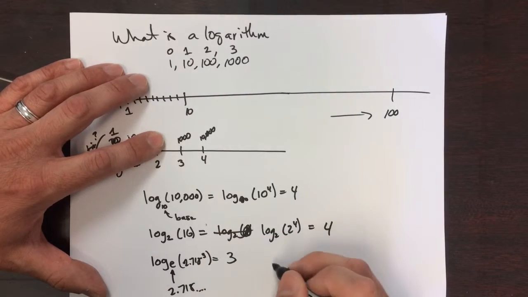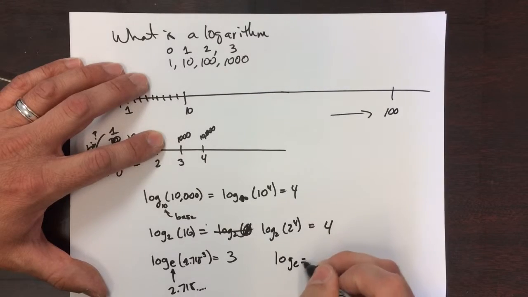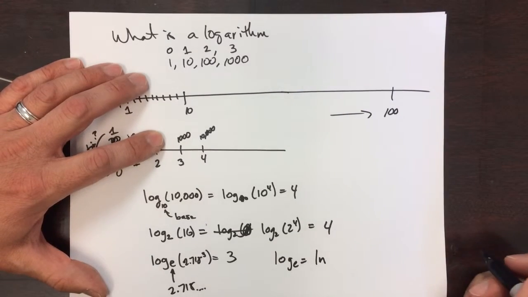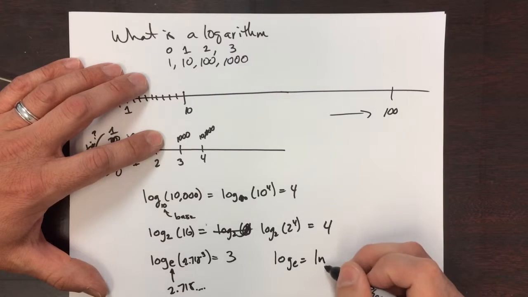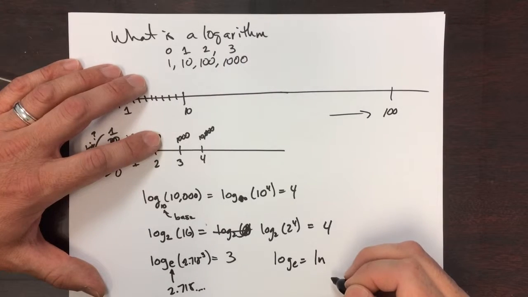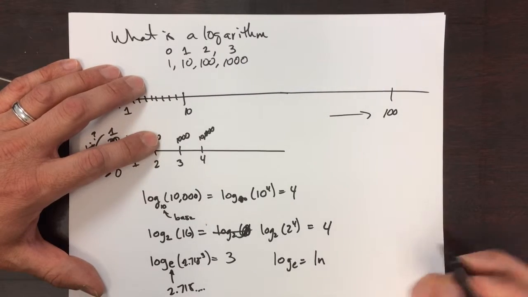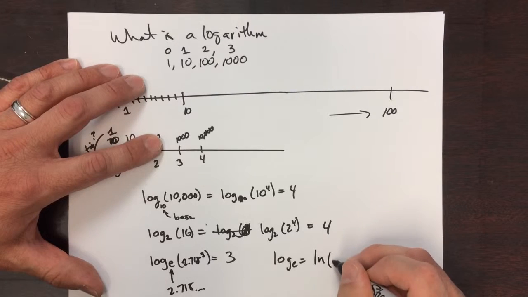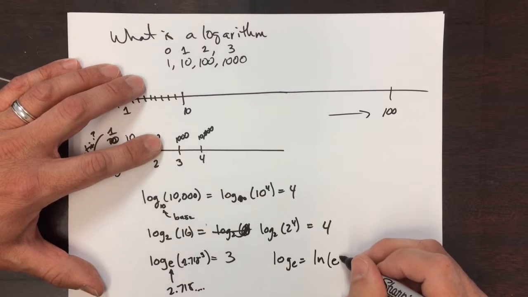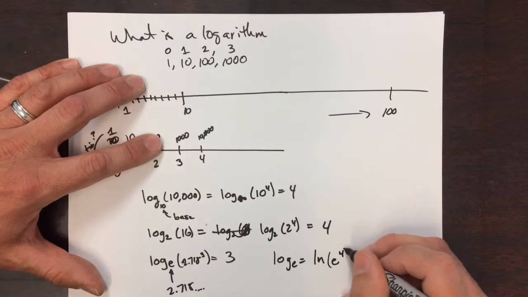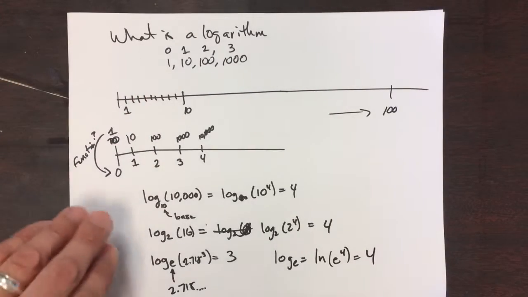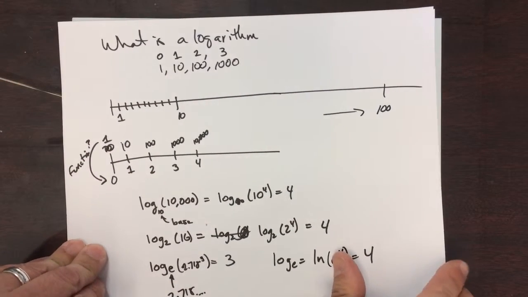We give a special name to log base e. We call that the natural logarithm, or ln, log natural. And this is going to do the exact same thing. It's going to take numbers that are in the form of e to the 4th power and turn that into 4. All right. So that's what a logarithm is.